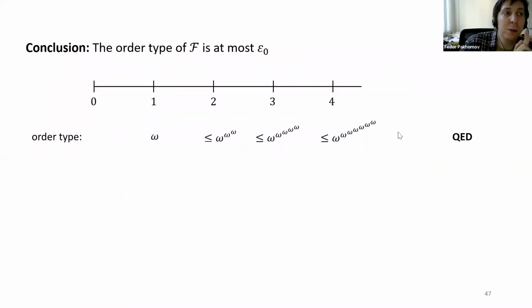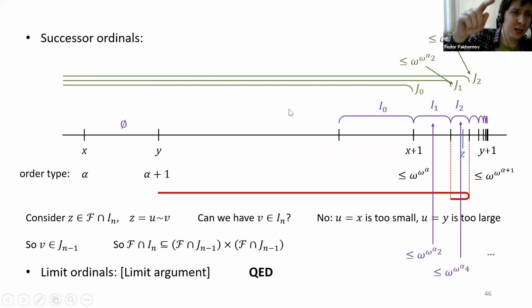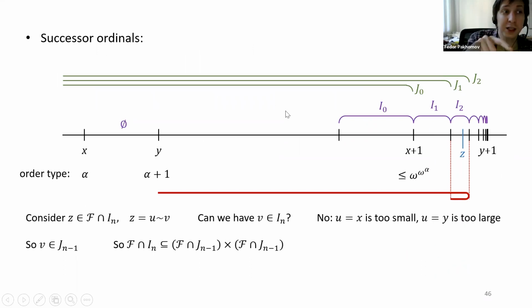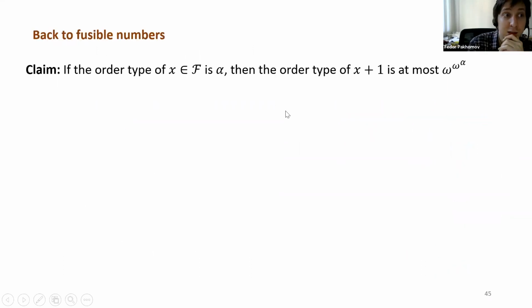I'm talking about the difference, in the even earlier slides, when you talk about the d function and the Hardy function, about the fusible numbers.